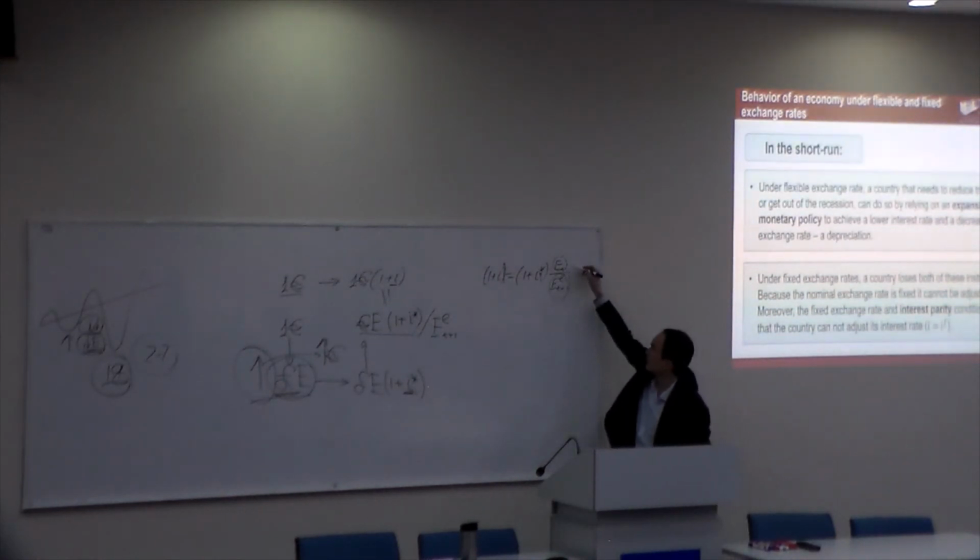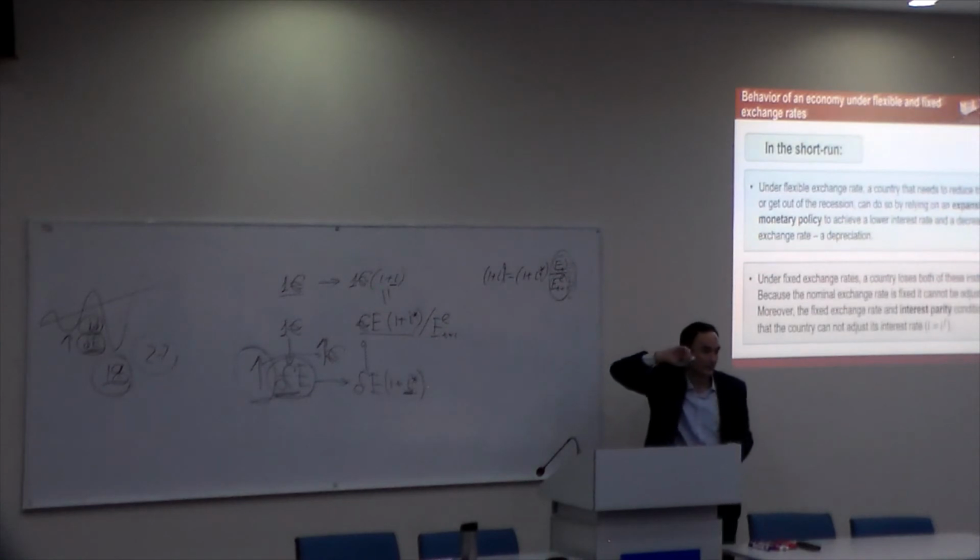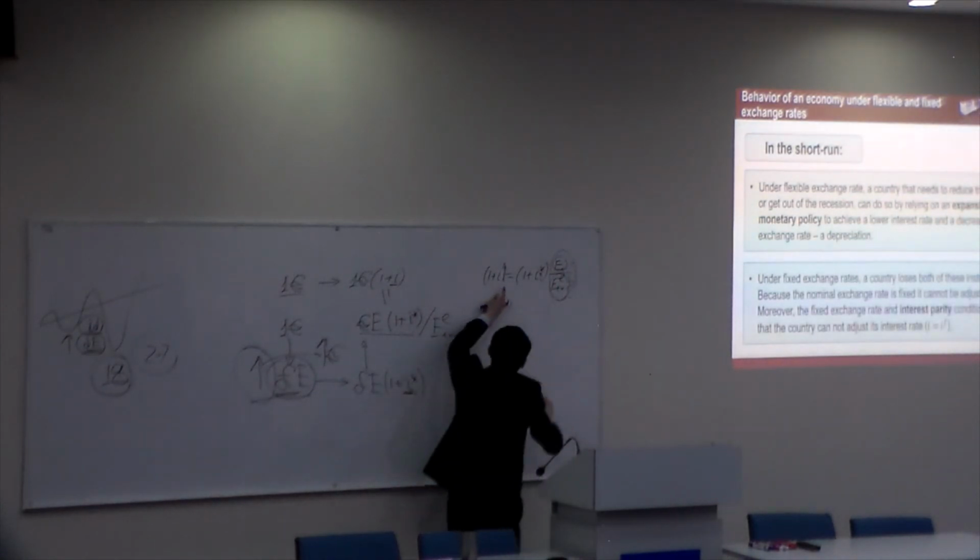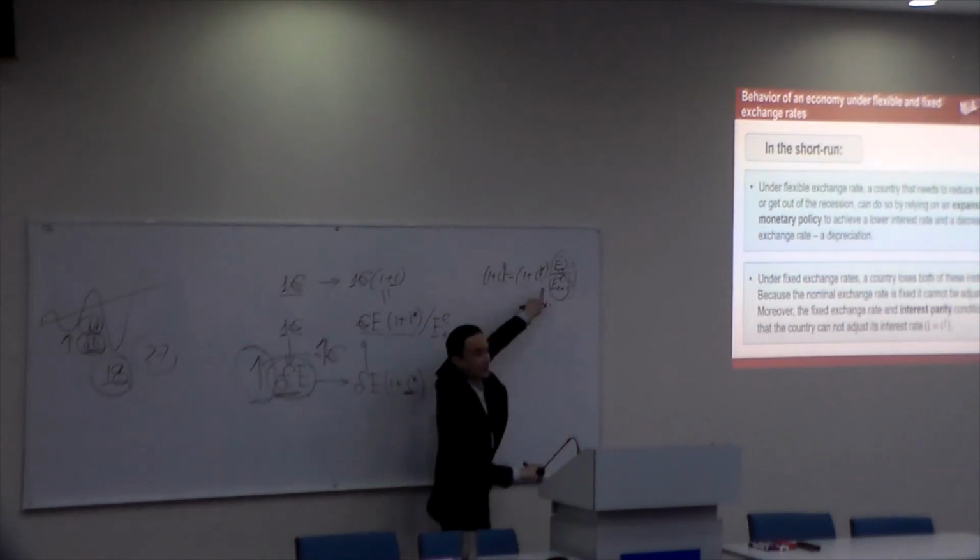In a fixed exchange rate, this one and this one are the same, which means that the ratio is equal to 1, okay? And you can see that what really impacts the exchange rate is the interest rates of the economies.